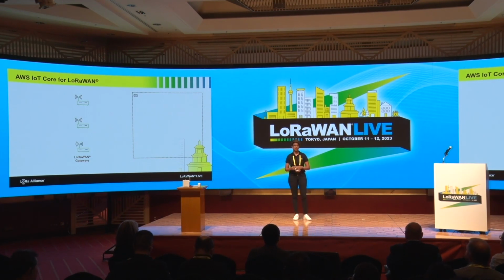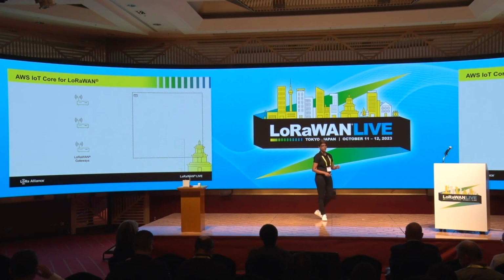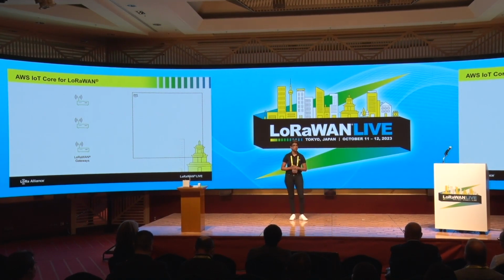So we have regions in North America, for example, Virginia, Oregon, California; coming to Europe, Ireland, London, Frankfurt; and in APAC, Singapore, Mumbai, Japan. These are just a few that I mentioned, but we have many regions throughout the world. So AWS has a global footprint.